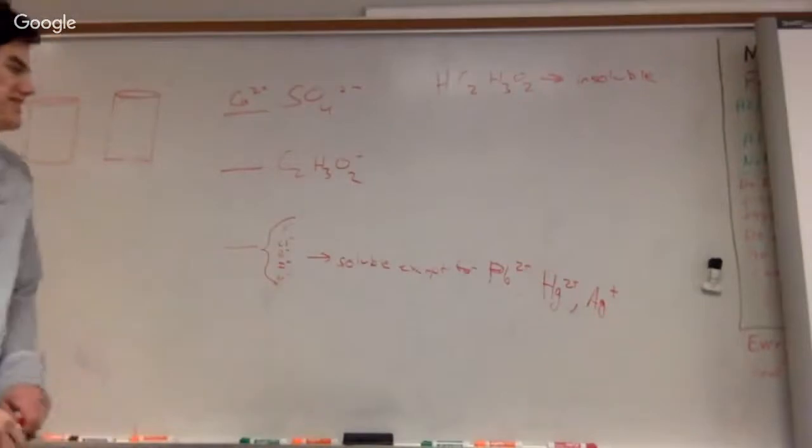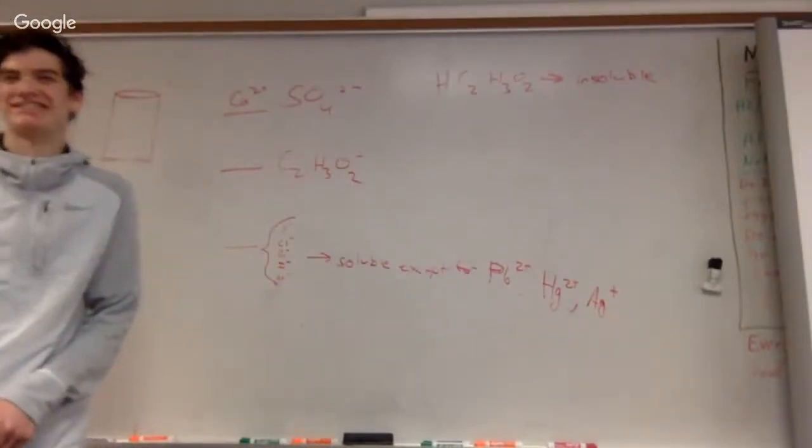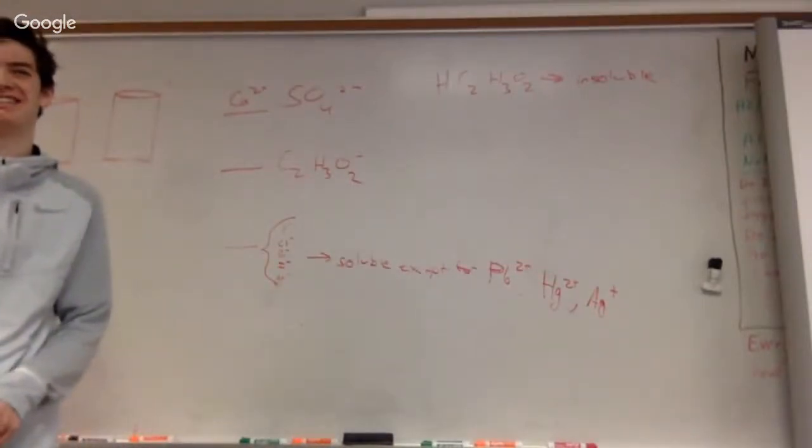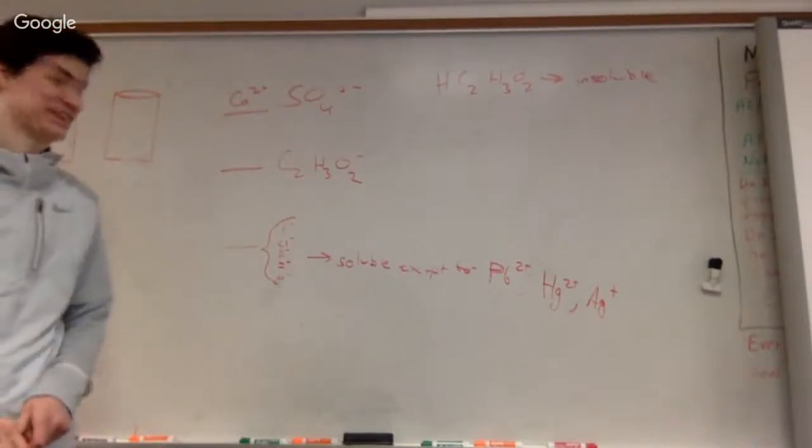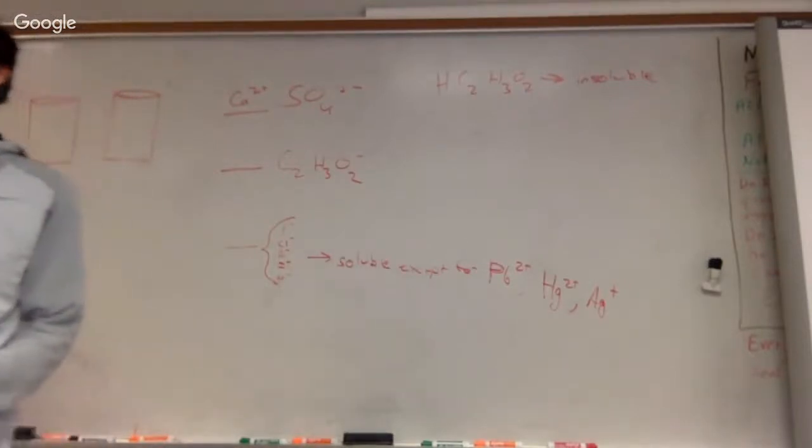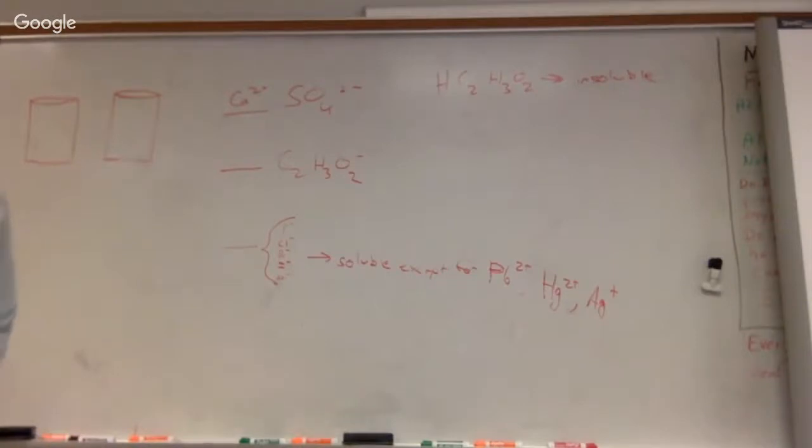So if you ever see Pb2 plus, Hg2 plus, or Ag plus in front of any halogen, they will be insoluble. They will hook up. That makes sense?